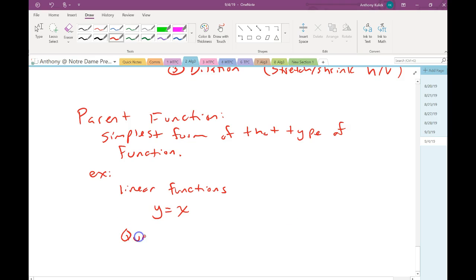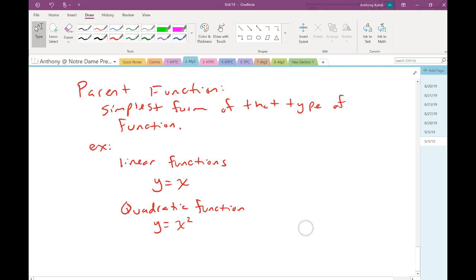Some of you remember talking about quadratic functions, because you talked about factoring in your previous algebra class. The simplest form for a quadratic function is y equals x squared. And even further, just a couple of you guys remember talking about exponential functions in your previous algebra class.